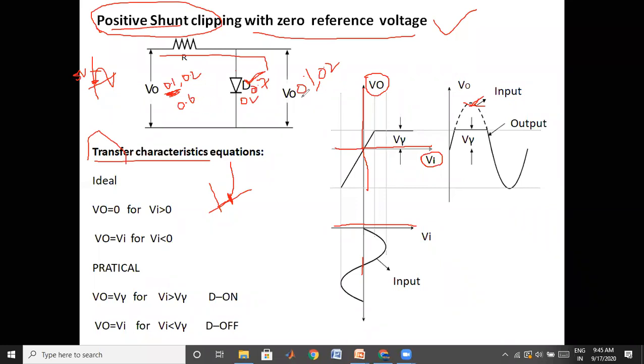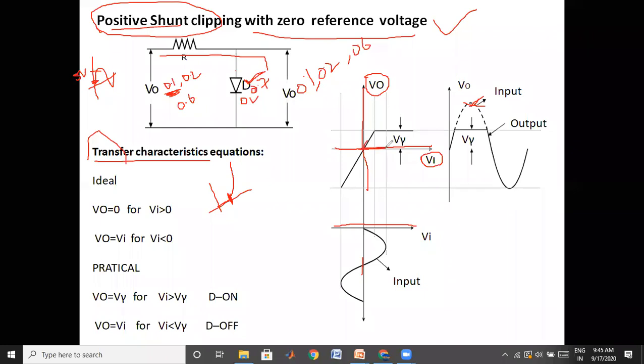When we apply 0.6, the output will be 0.6. I think you understand what I am saying, because our input voltage is a slowly increasing sine wave. Therefore, from 0.1, 0.2 up to 0.6, the diode will be in reverse bias and we get the output.